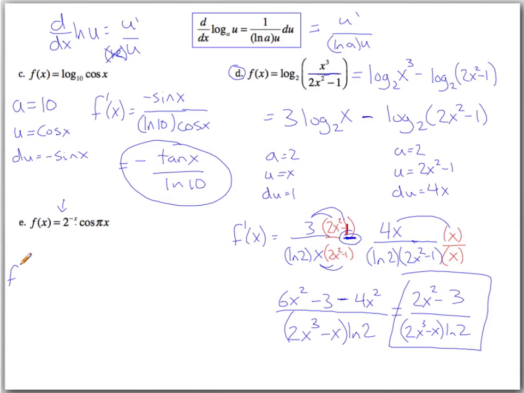So we have f prime of x equals our first function, 2 to the negative x, times the derivative of our second function. So the derivative of cosine is negative sine, but then the derivative of pi x is pi.